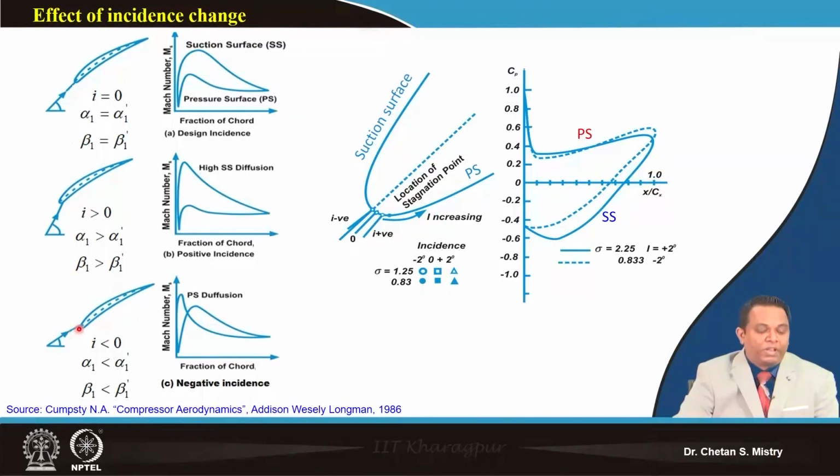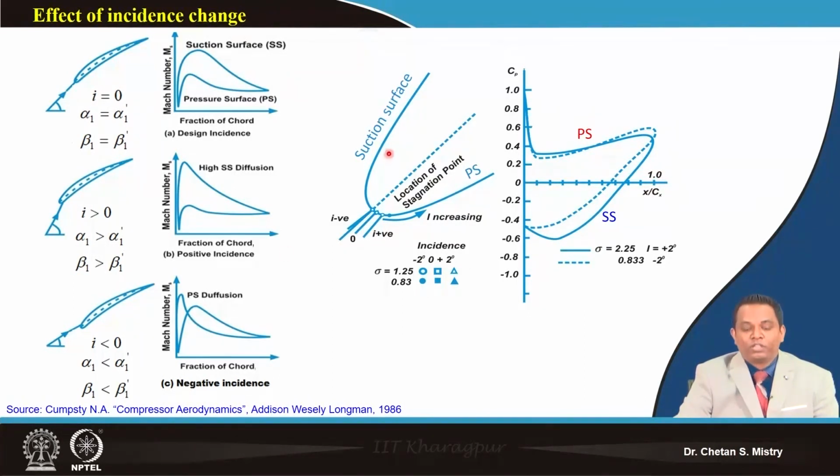If that is your case, we will be having flow acceleration on my suction surface, and at the same time, great acceleration on my pressure surface. And here, if you look at, the distribution of my pressure or Mach number comes out to be different, and that is indicating there is a deterioration in performance, or the pressurizing capacity, of my blade.